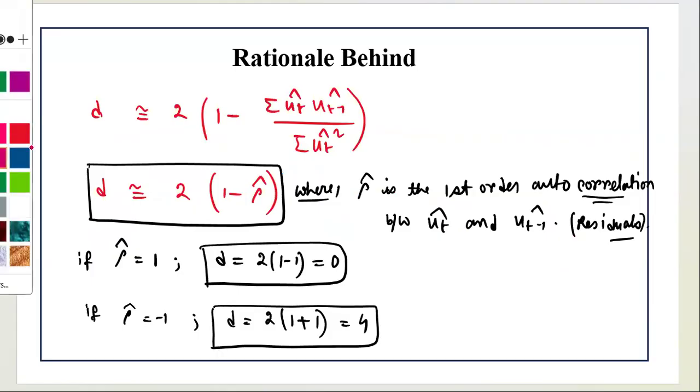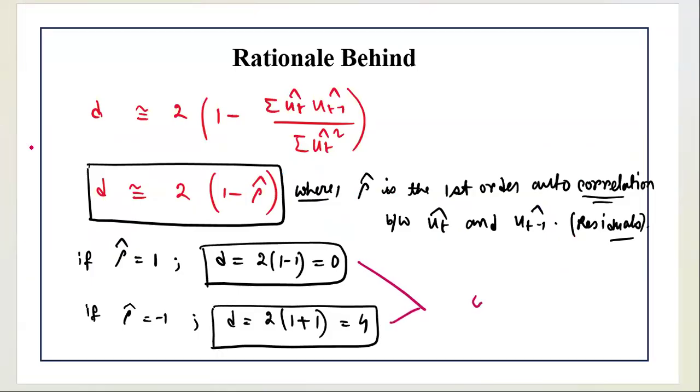So that is how you can derive that 0 is less than D less than 4. So the D statistic, the Durbin Watson test statistic, always lies between 0 and 4. I hope this is absolutely clear to you.